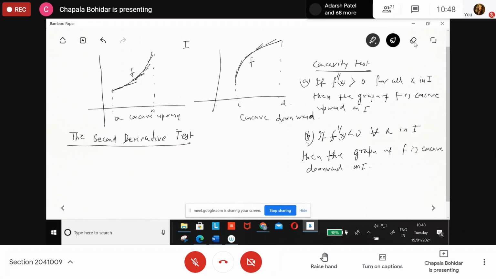Suppose f double dash is continuous near C. A. If f dash C is equal to 0 and f double dash C is greater than 0, I think all of you know this part, then tell me.